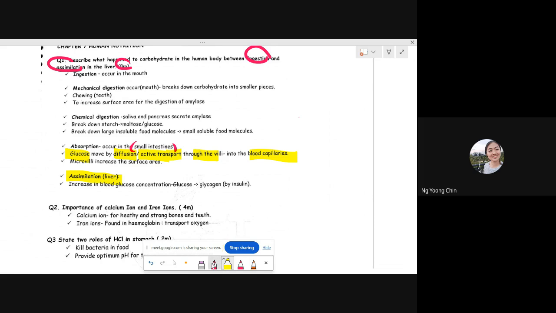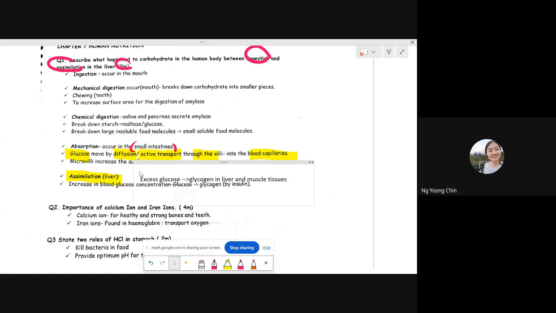The excess glucose will be converted into glycogen by insulin. Then it will be stored in the liver and the muscle tissue. So we have glycogen storage in the liver and muscle tissue, but the majority will be in the liver.